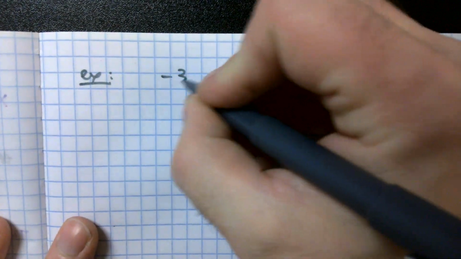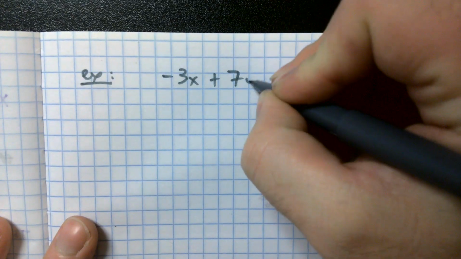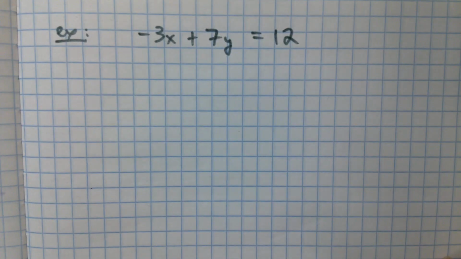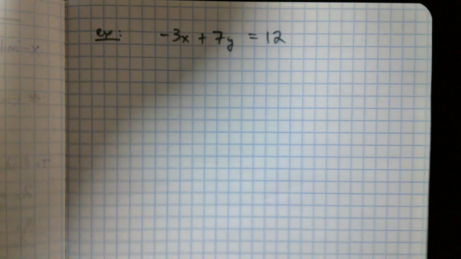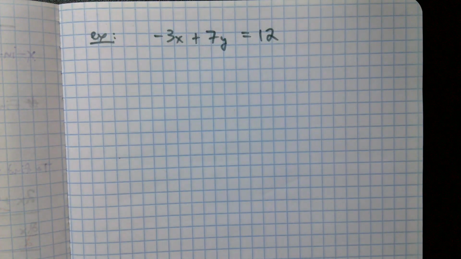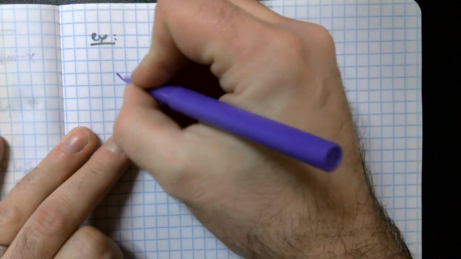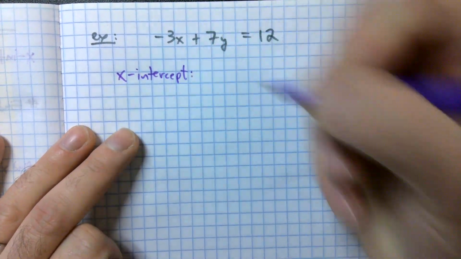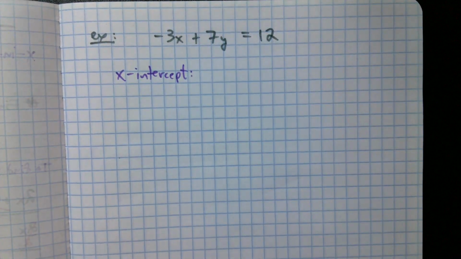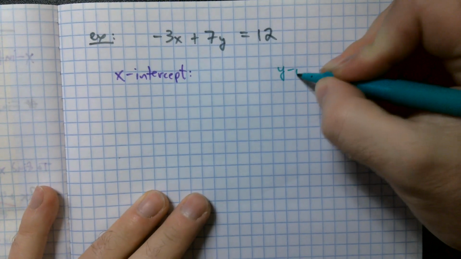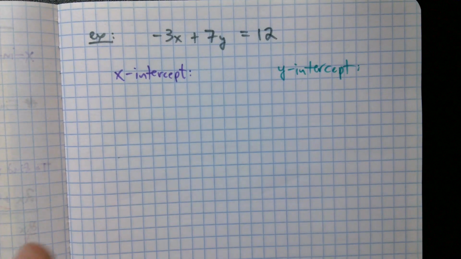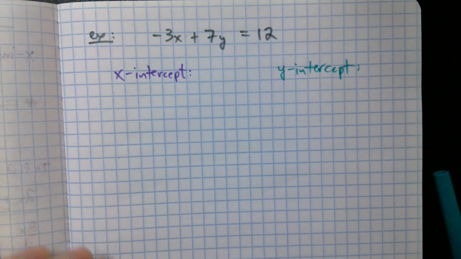Let's say I've got negative 3x plus 7y equals 12. If we want to find my x-intercept, we'll plug in 0 for y. If I want to find my y-intercept, I'll plug in 0 for x.